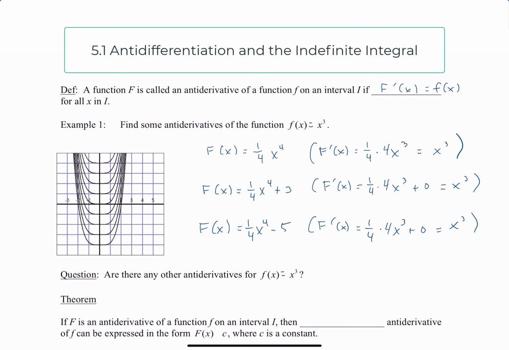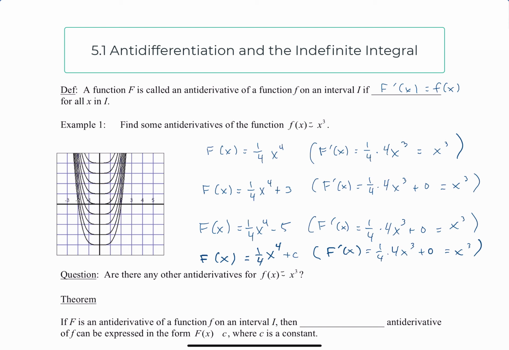And hopefully you can see that as long as I stick with adding or subtracting any constant to 1/4 x to the fourth, whether that constant is positive or negative, when I differentiate it, I'll get 1/4 times 4x cubed plus 0, so x cubed. So any function of the form 1/4 x to the fourth plus a constant is an antiderivative for x cubed.